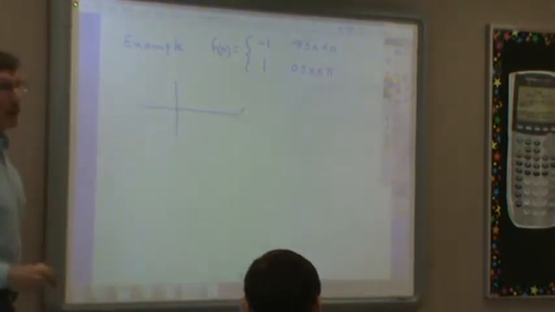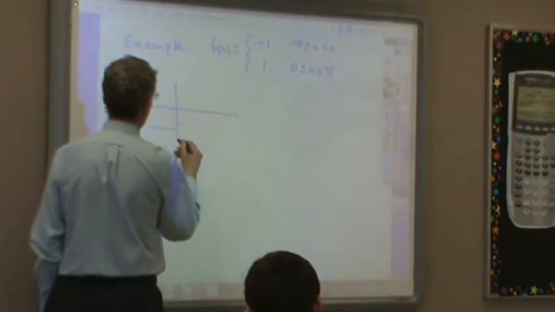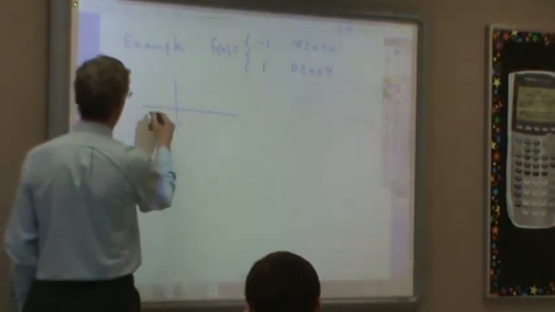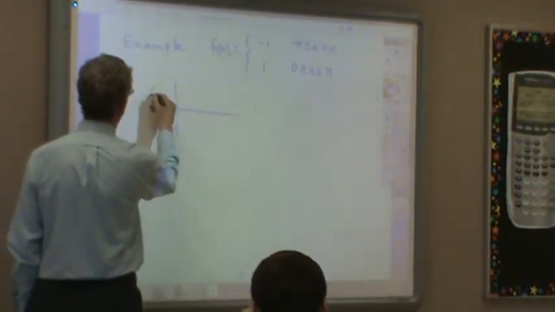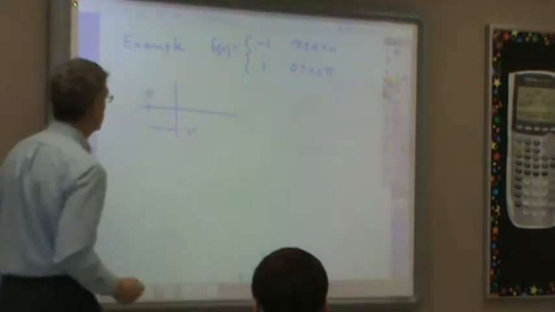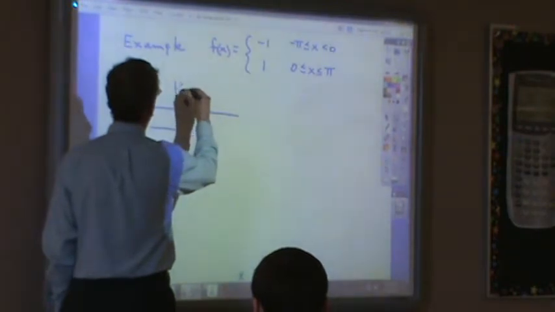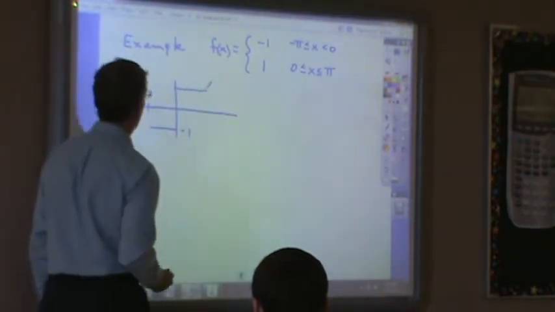Between -pi and 0, the functional value is -1. So it's just a constant function down here. Here this must be -pi, and this must be -1. Then, when x equals 0, it jumps up, takes on the value 1.